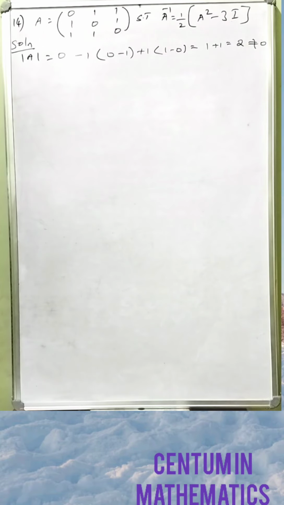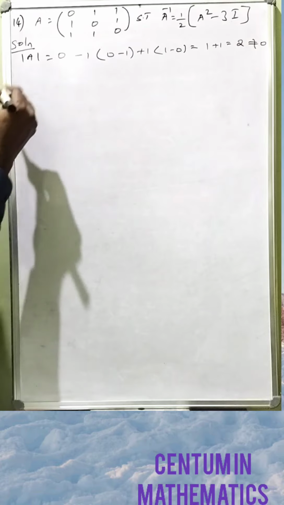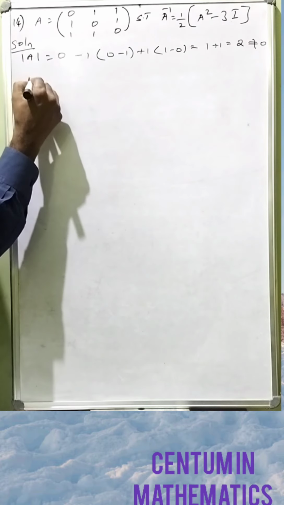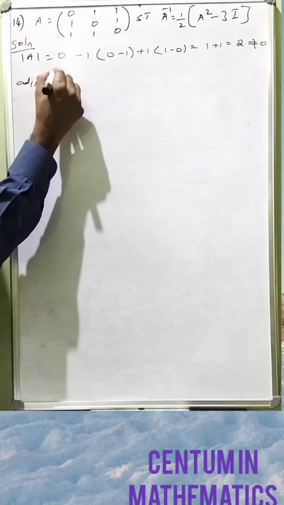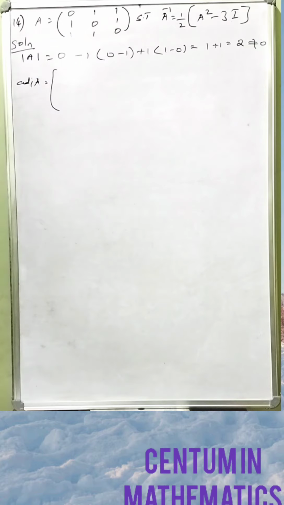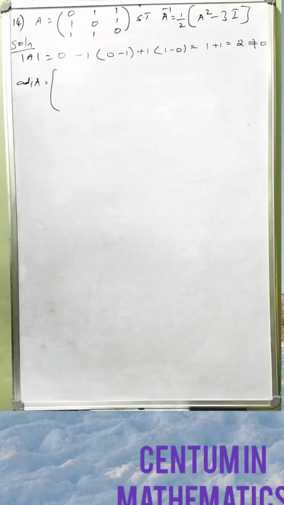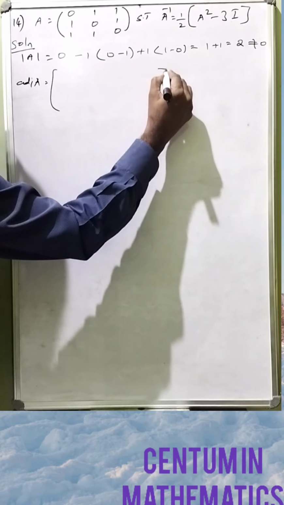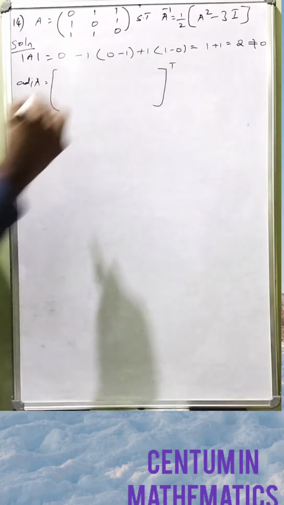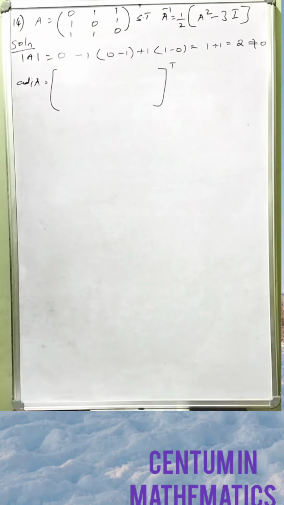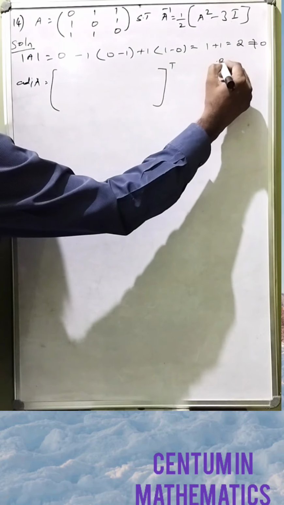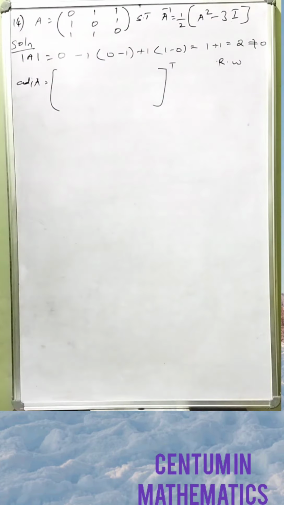So A inverse formula we know that. So find adjoint A. How to find adjoint A? Adjoint A means the transpose of the cofactor matrix is called adjoint A. Here, for a 3 cross 3 matrix, the cofactor matrix we have to find.